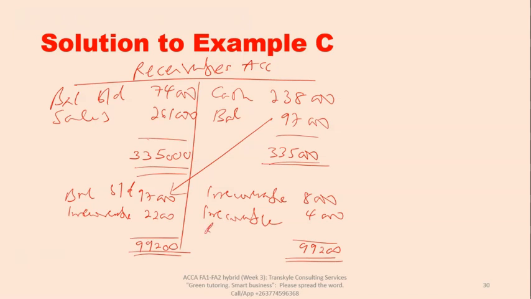So the balance we have here is going to be 87,200. That's the balance we have.